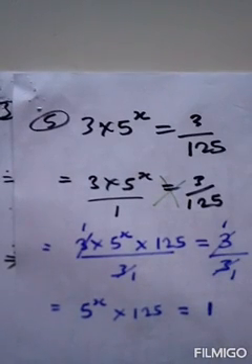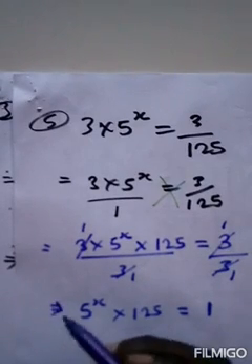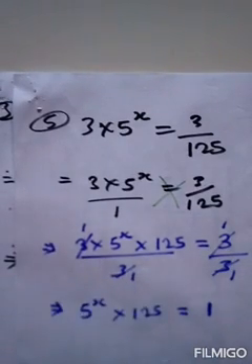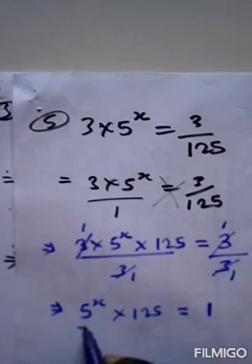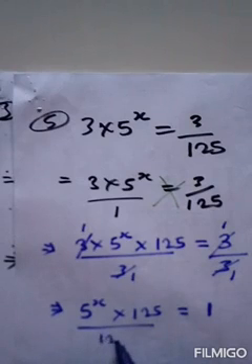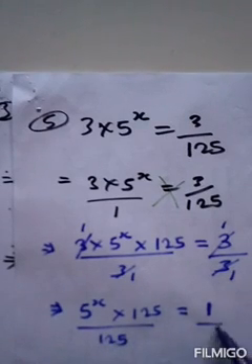Now I want to make 5 to power x the subject of the formula. To make it remain alone, I need to divide on both sides by 125.